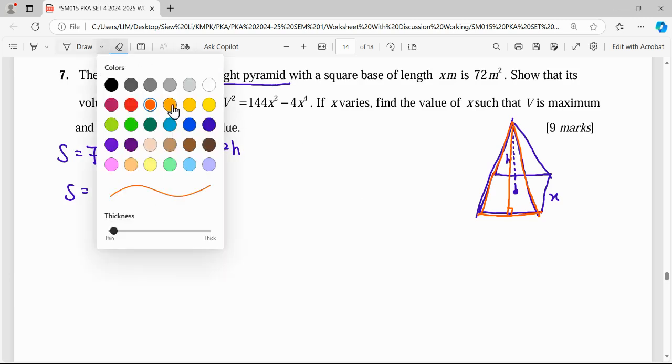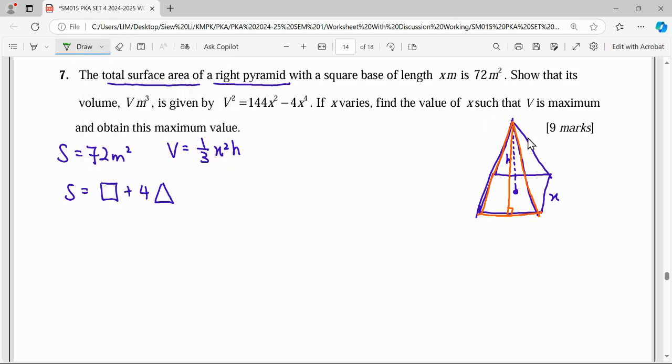Okay. What can we observe here? We can see the Pythagoras theorem. Triangle here. This is the height. This is the pyramid height, right? This is the surface leaning at the middle here, right? At this base, so how much is this? x over 2.